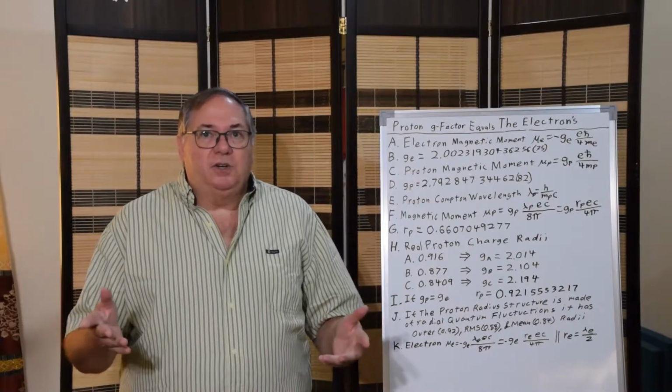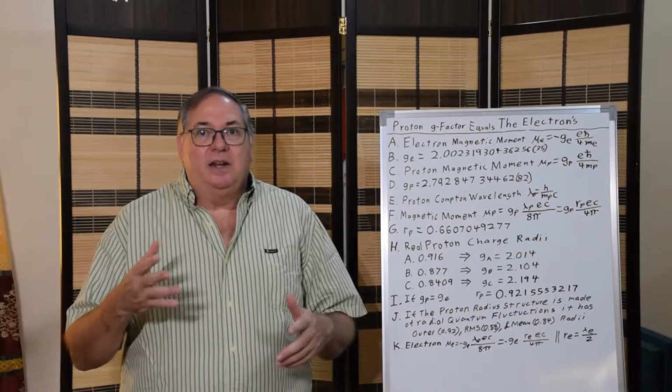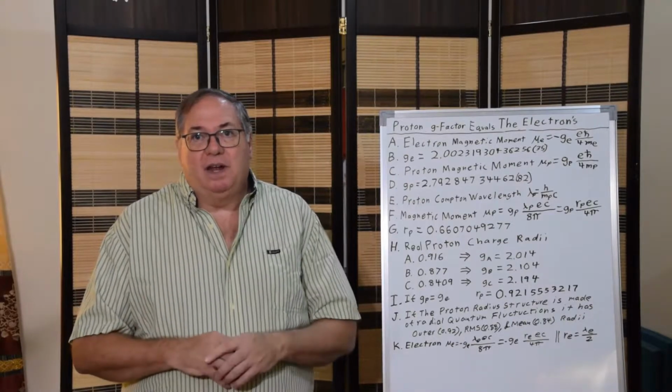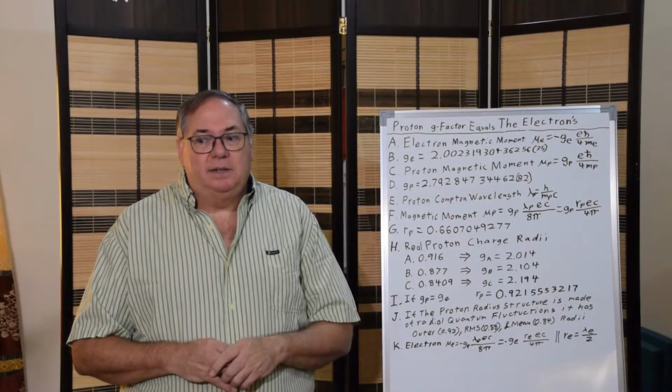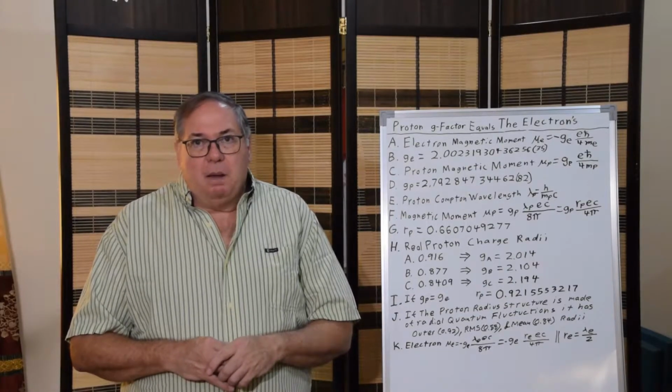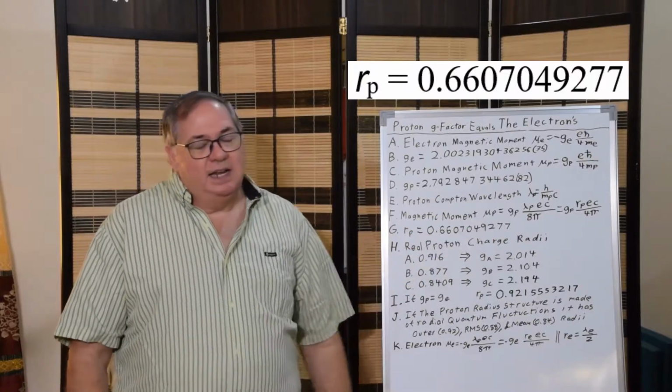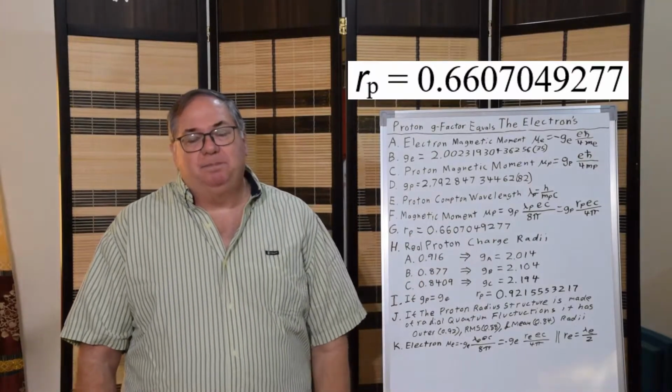And the 4 pi term gives you your angular velocity, where c is a linear velocity, and you have to divide by 2 pi to get an angular velocity. But what that means is you're assuming a radius of 0.6607.